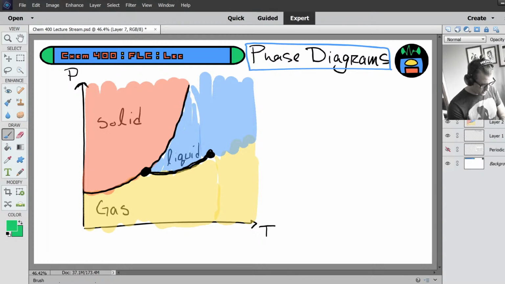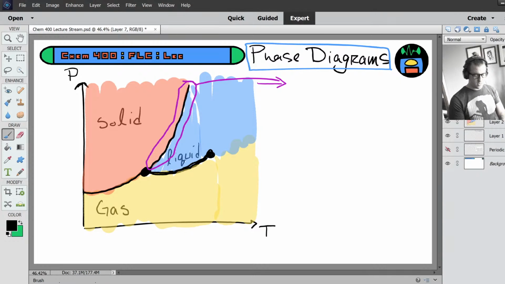Let's see, I need a different color, something that'll contrast a little better. So if you look at this border right here, this represents two transitions. It's the two transitions between the liquid state and the solid state.